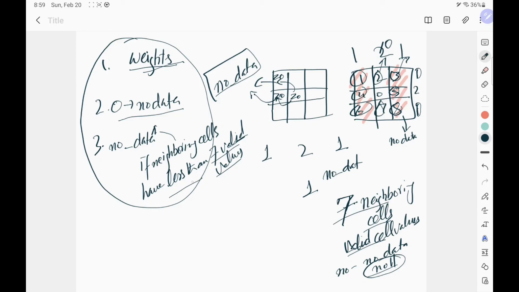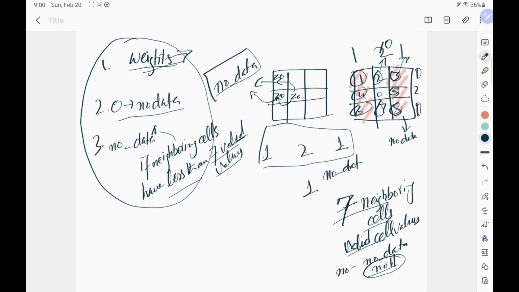This means that if the H cell has no data, the weights are 1 2 1, and if their corresponding cell has no data, these weights will become 0.